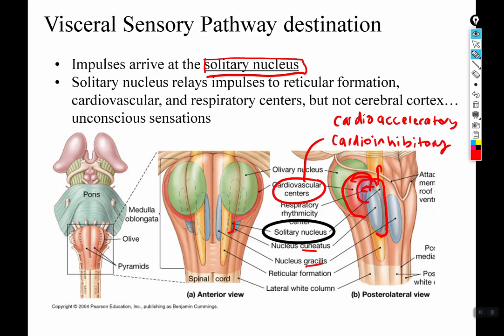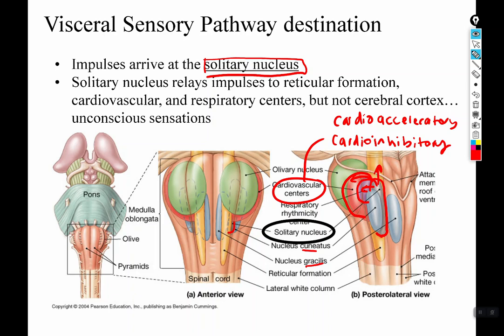So for example, if I detect that my blood pressure has dropped, baroreceptors in my arteries are going to detect that my arteries are not as stretched as they should be for my blood. And so they're going to say, hey, our blood volume is low, or at least our blood pressure, we're not sure.